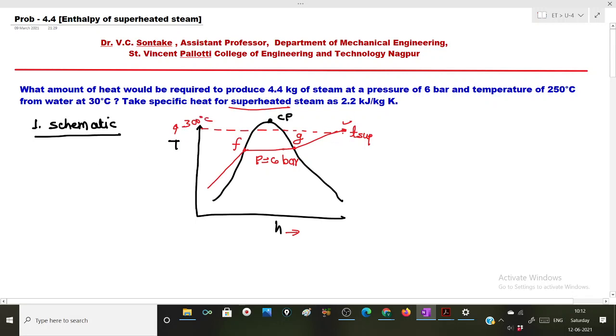Okay, this will represent T saturation, saturation temperature of water at pressure of 6 bar. Right now, I don't know this value, but I can easily find out this value T sat at pressure of 6 bar from steam table.